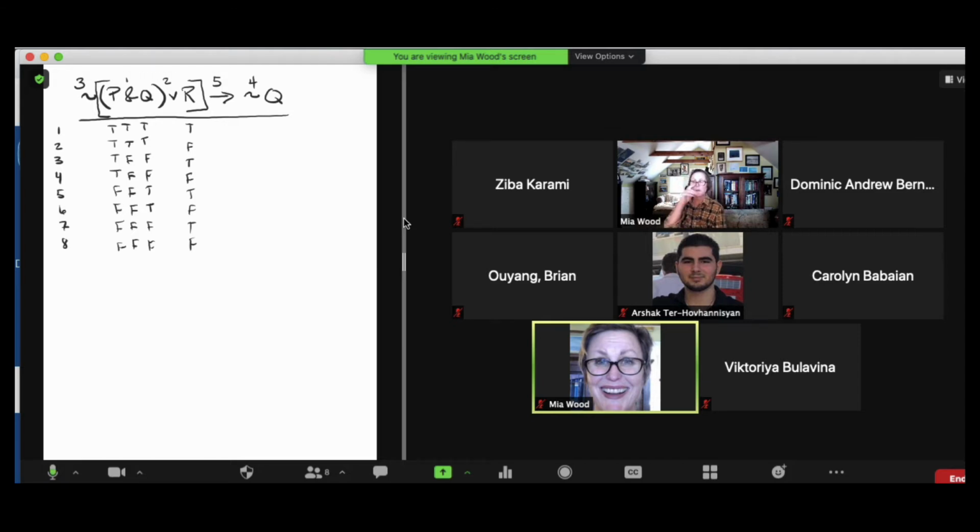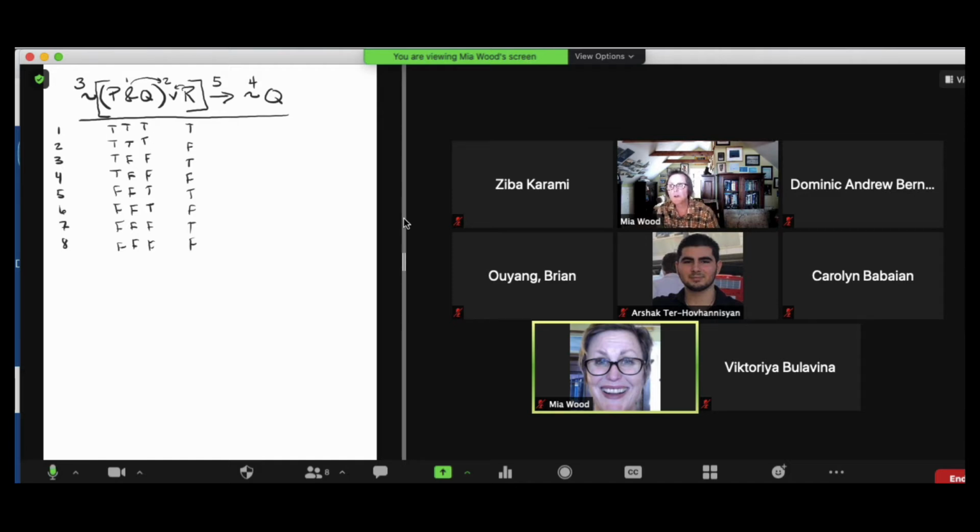If you're worried about keeping the visual straight, I can always color code these. But I'm hoping that I can keep the rows as straight as possible. Now what we need to do is take the values from the conjunction and the values from R and determine the disjunction, right? So here's the same question.